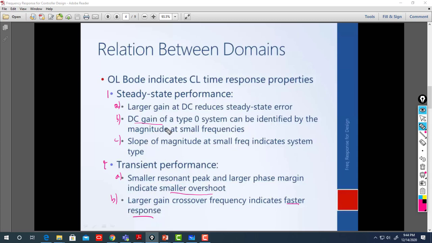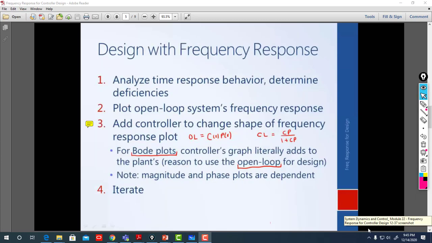So now, knowing those is an important step, as I said, for controller design. After introducing all of those, it becomes easy to understand how to design a controller in frequency domain. We have basically 4 steps.